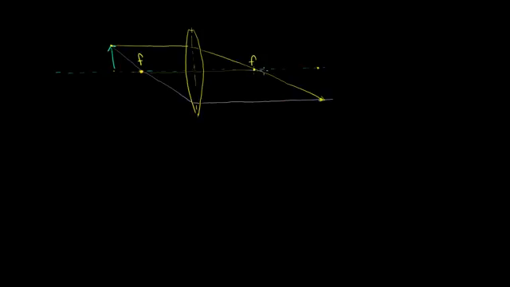It'll just go straight through the lens. And so the image that gets formed on the other side of the lens will look like that. So in this example, it looks like we have an inverted real image. And once again, it's a real image because the light is actually converging at that point.